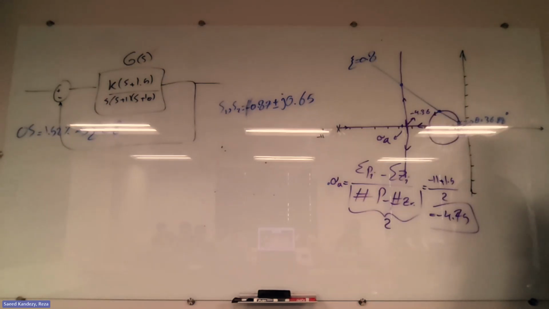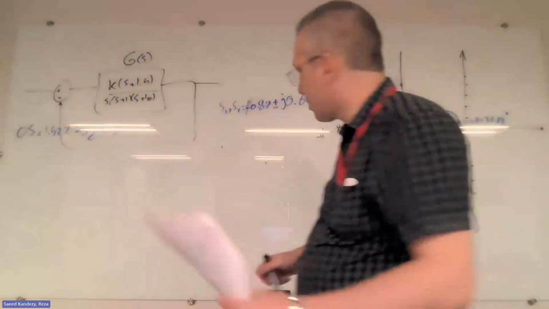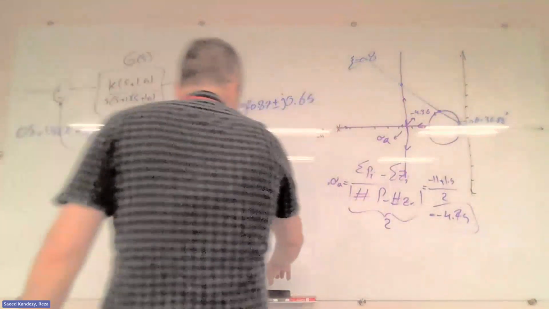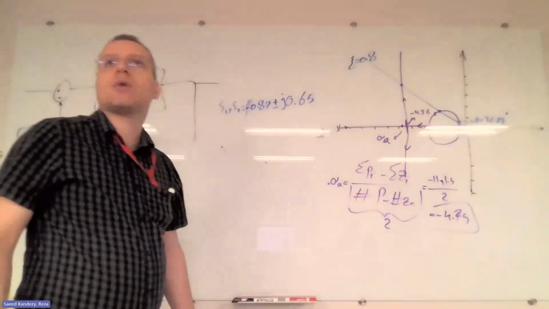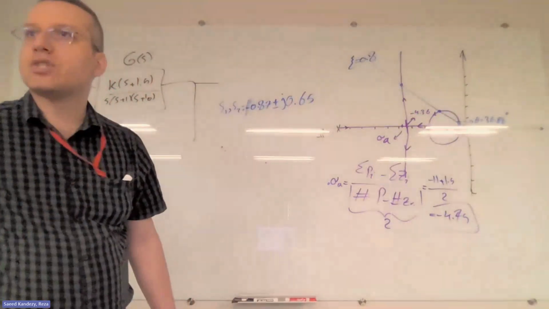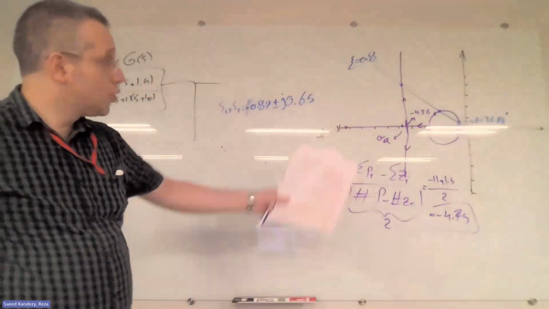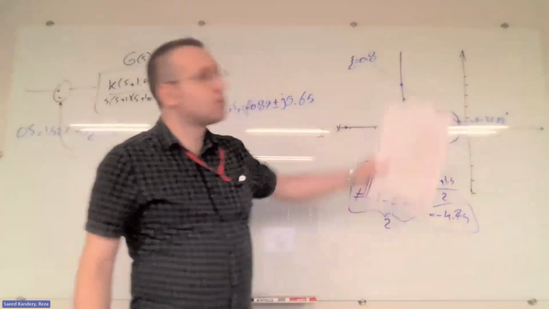Is that clear? Are we good now? Any question? No? Now, let me use another approach. Right now, we consider an unknown second order system and find out what's going to happen in it. But so far, we know we have 3 interceptions.